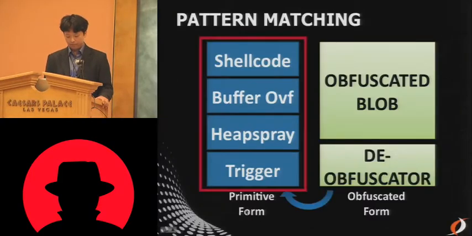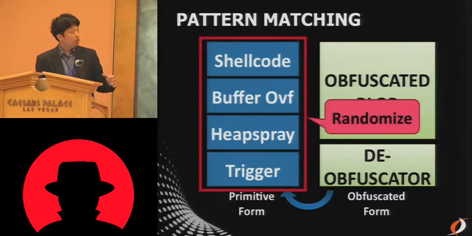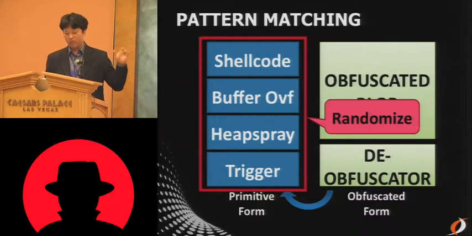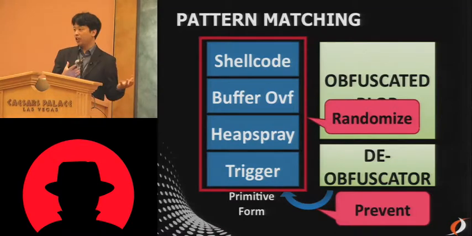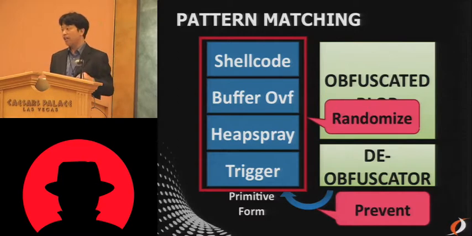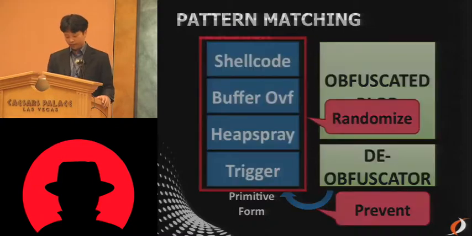What attackers usually do is randomize the primitive form, and they try to prevent the triggers from happening inside a detector. So, two ways. First, obfuscate the primitive form to bypass antivirus detection. Second, if I am run inside a detector, I do not trigger myself. All the code is there, but it's not executed.